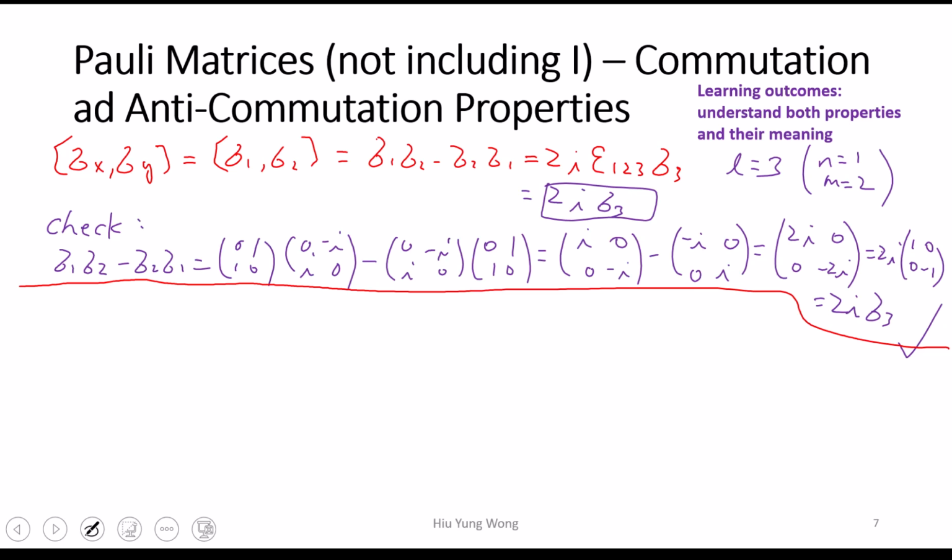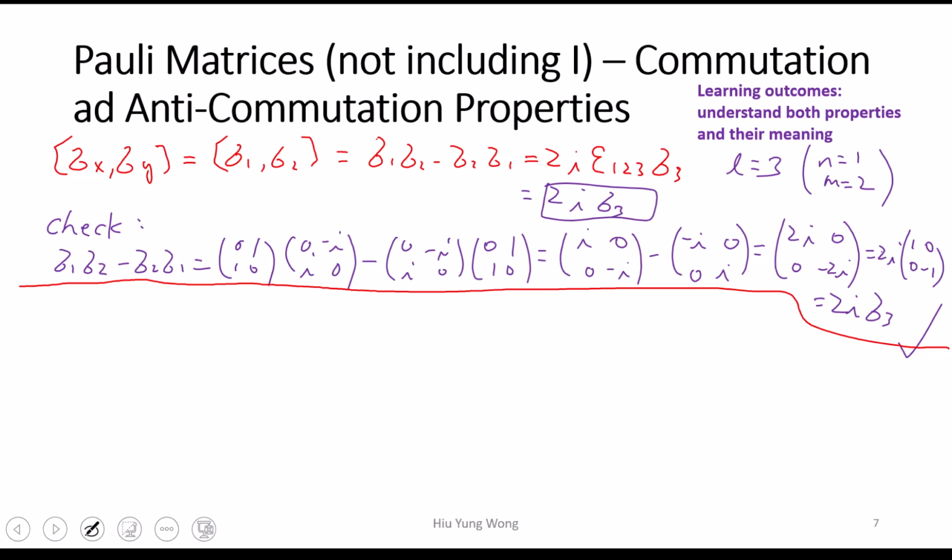So measuring the spin in the z direction using a magnetic field corresponds to sigma z. But when you measure the spin in the x direction, when your magnetic field is in the x direction, it corresponds to sigma x. Basically here it is saying that you cannot know their eigenstates at the same time because they don't commute.